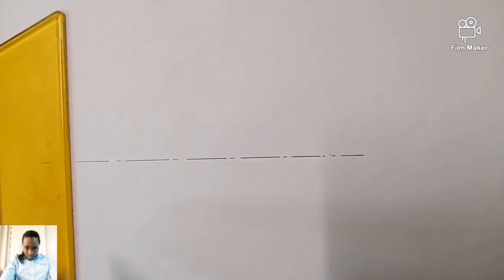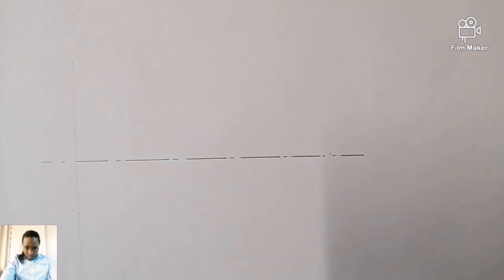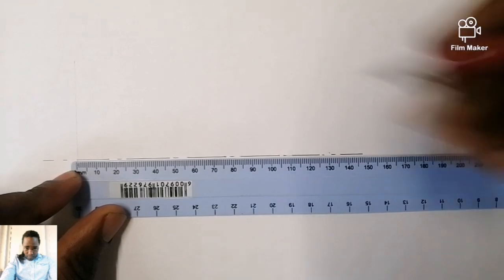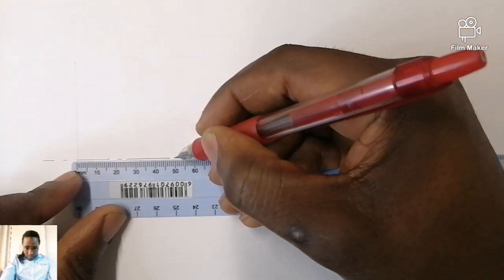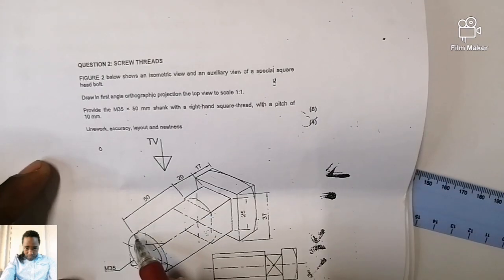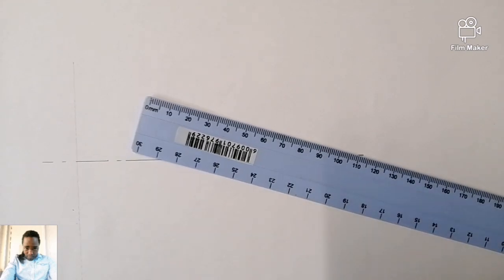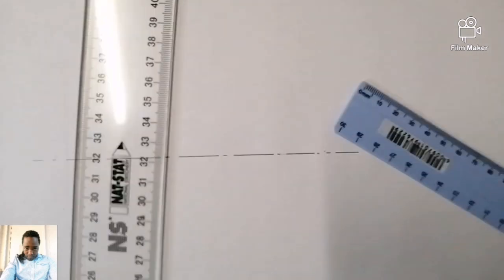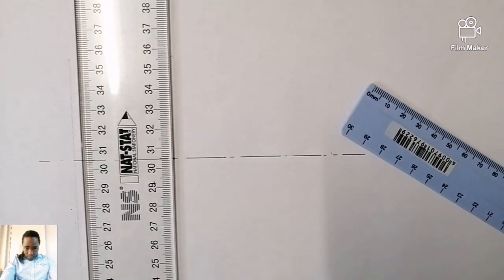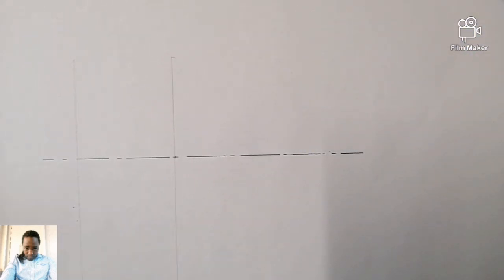Then from here, draw a faint line like this. Then from here I can measure 50 millimeter. From here till here is 50, with a vertical constructional line.